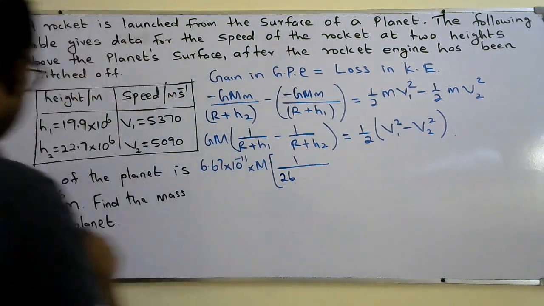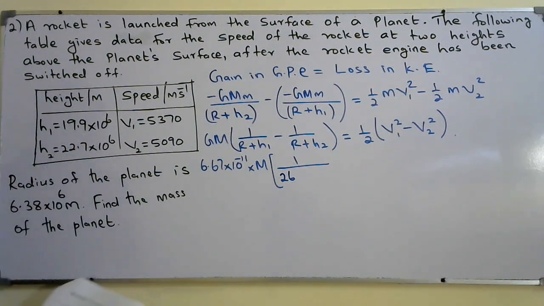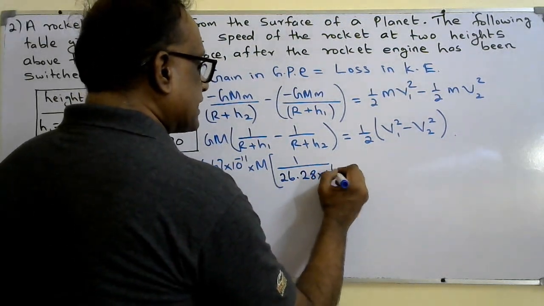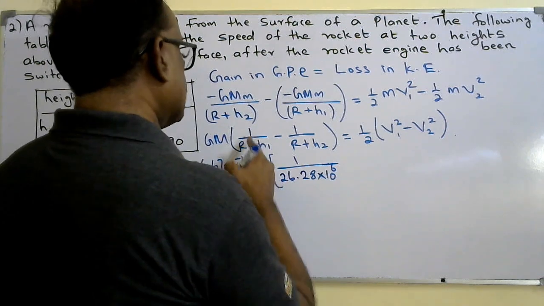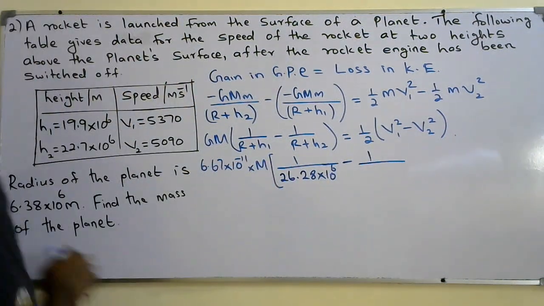That will be 26.28 into 10 to the power 6. Then R plus H2 is 6.38 into 10 to the power 6 plus 22.7 into 10 to the power 6. Better do it separately and substitute.